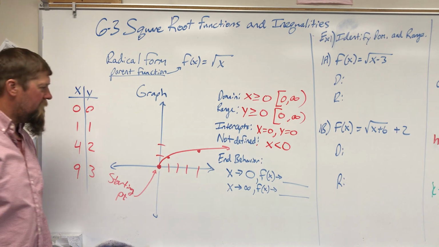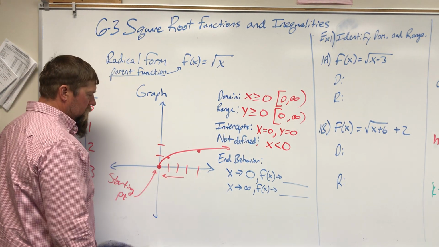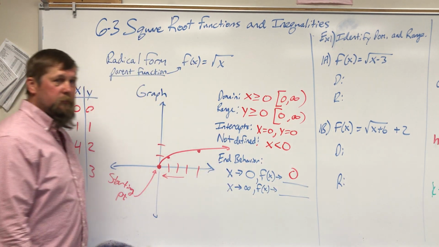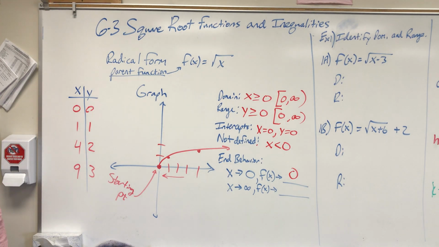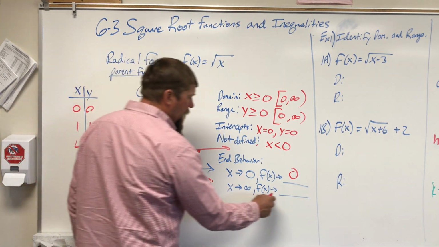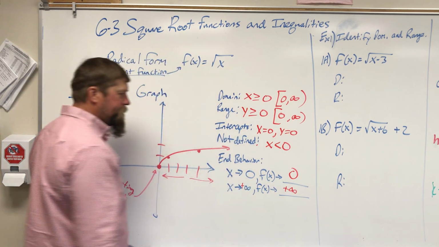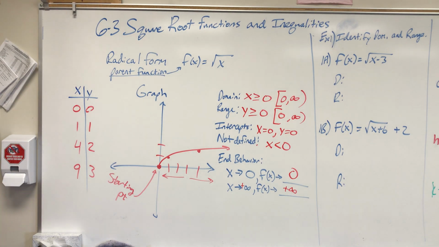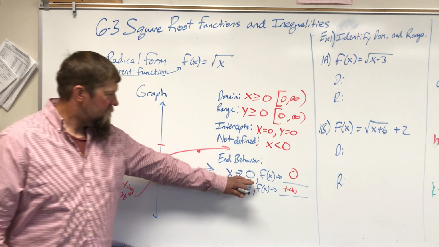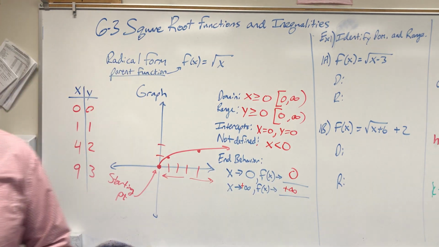The end behavior. As x approaches 0, y also approaches 0. As x approaches infinity, y also approaches positive infinity. So that is the end behavior. Because you have an end point, you're going to write the end behavior a little bit differently than you normally would.